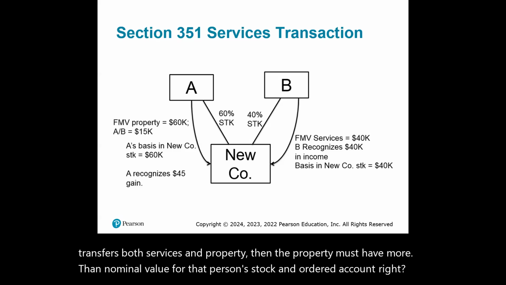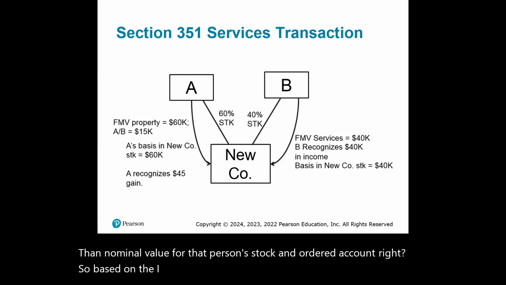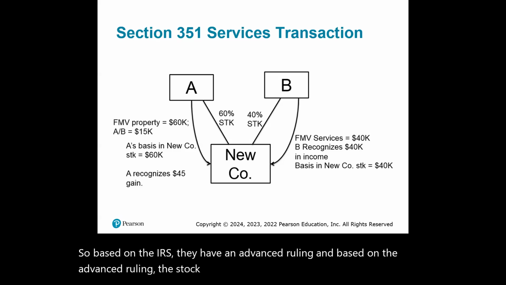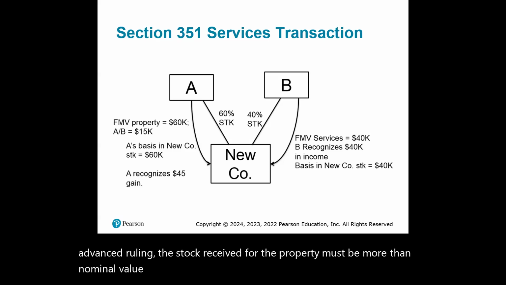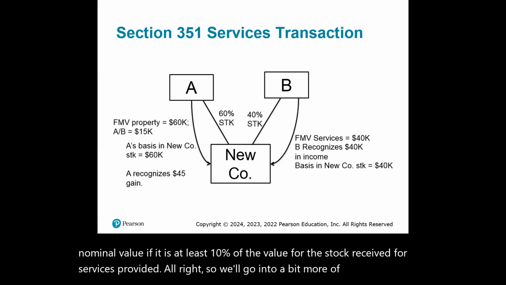Based on the IRS advance ruling, the stock received for the property must be more than nominal value if it is at least 10% of the value of the stock received for services provided. All right, so we'll go into a bit more of this in detail in another slide.